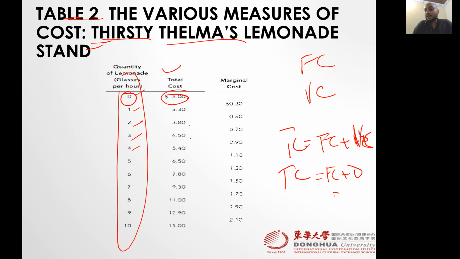So here 3 is the total cost, 3 is the fixed cost. And if you want to find out variable cost, just minus 3 here, that will tell you the variable cost. All right. So that is just the explanation of finding out the variable cost and fixed cost.